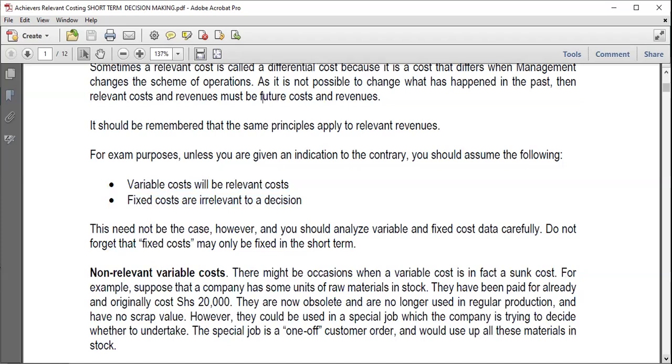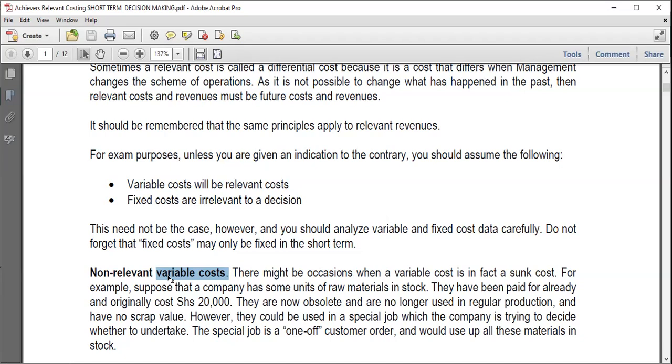Now, one of the things that they are also telling us is that there are cases where you can have what we regard as non-relevant variable costs. You know, in production of, let's say, the cakes I've talked about that this client may be ordering, you could be going to use some materials that you already bought.